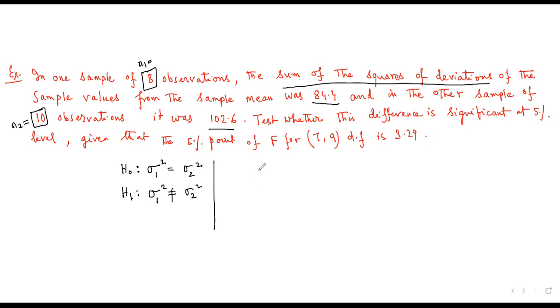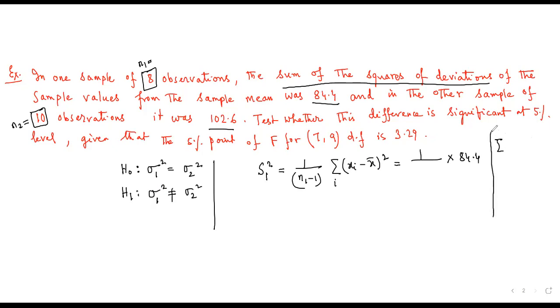Now we have to calculate S1 square, which is the sample variance, and you know the formula is 1 by n1 minus 1 summation xi minus x bar whole square over i. Now this sum of squares of deviation is given to you as 84.4, and my sample size n1 is 8.